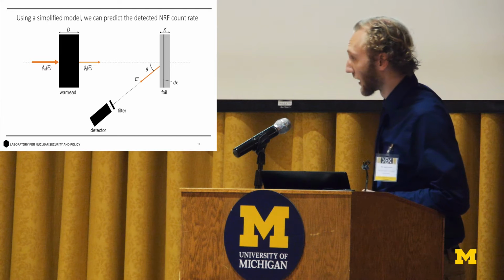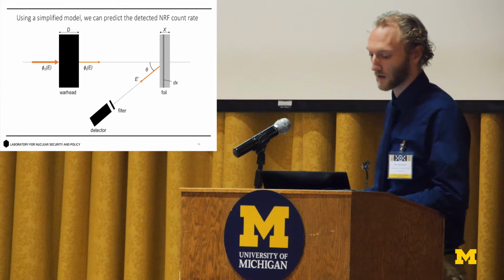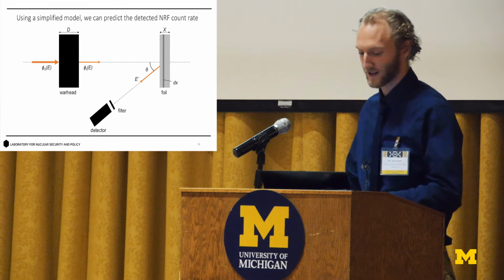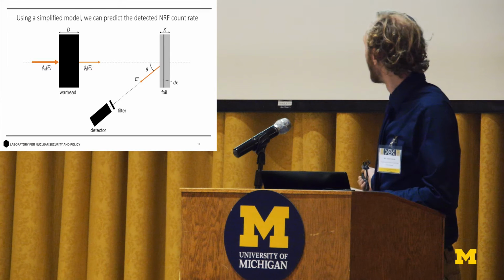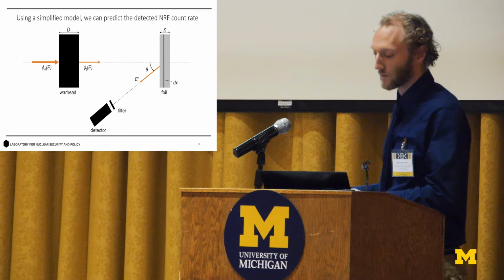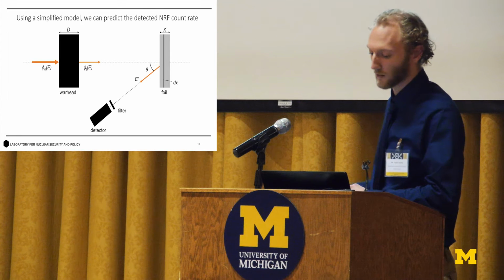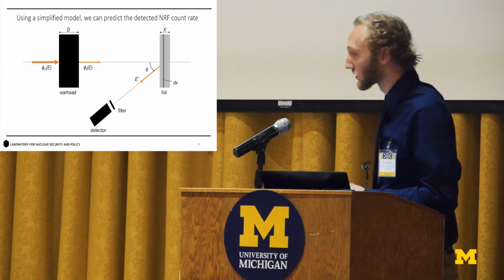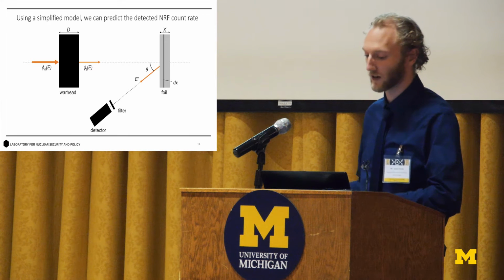So to start, we have a parallel beam, the Bremsstrahlung beam, incident on a rectangular warhead, so that's an approximation there. The transmitted beam through the warhead then impinges on the foil, NRF interactions are induced, and some of the NRF photons are emitted towards a detector and perhaps attenuated by a filter to reduce the overall count rate in the detector.